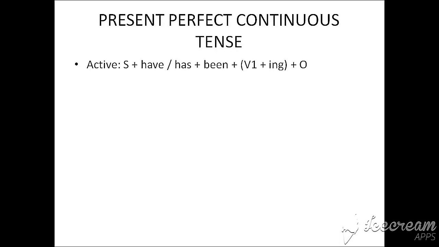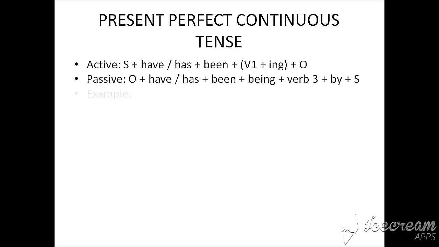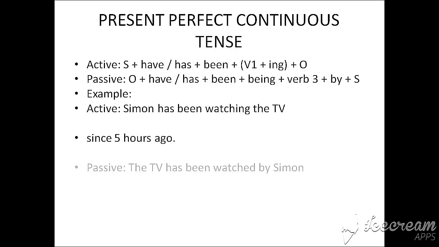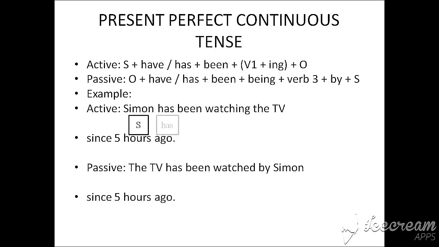There is present perfect continuous tense. The formula is there. The example, active: Simon has been watching the TV since 5 hours ago. And the passive is the TV has been watched by Simon since 5 hours ago.